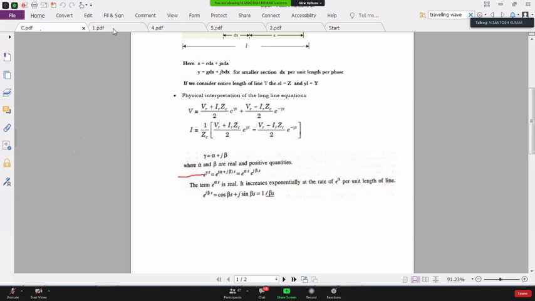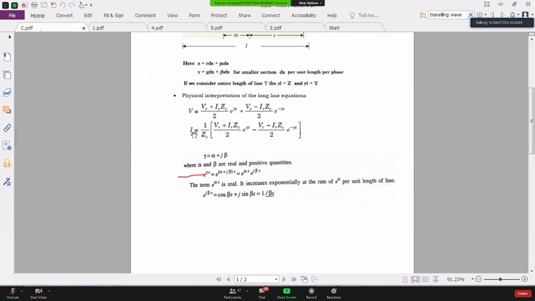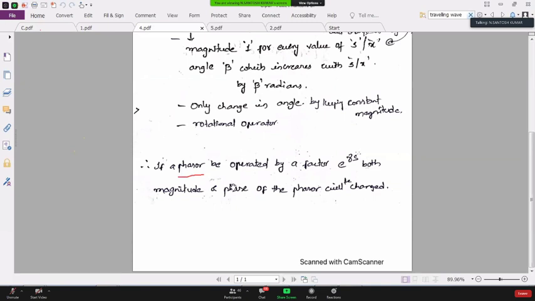So from this we can say that voltage phasor and current phasor, because we have two equations, voltage and current, both are multiplied with your e power alpha. Please try to understand the point. Then magnitude as well as phase will change.